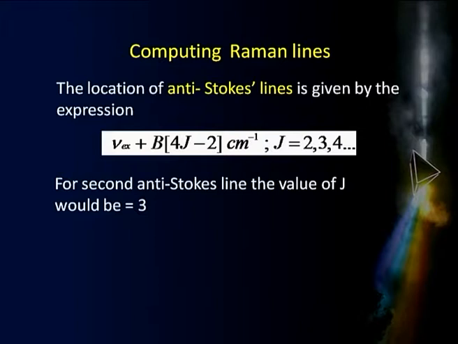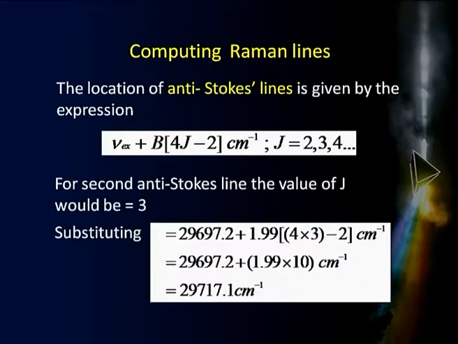So, we substitute the values of B and j, and the location of the second anti-Stokes line happens to be 29717.1 centimeter inverse. So, we see how simple the expressions are, and we are able to predict a reasonably good location for the expected spectrum of the molecule.